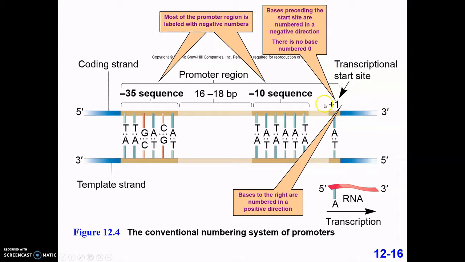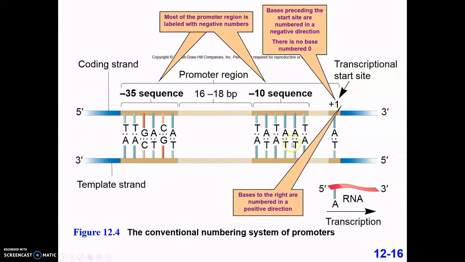When we refer to the region upstream or preceding it towards the 5' end, in front of whatever gene was there, we will start counting backwards, but we will skip 0. So we go directly from +1 to -1, and then -2, -3, -4, -5, and so on and so forth.